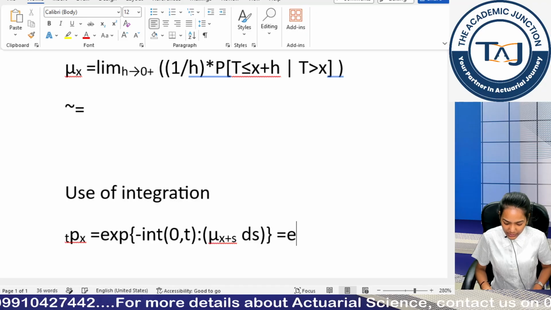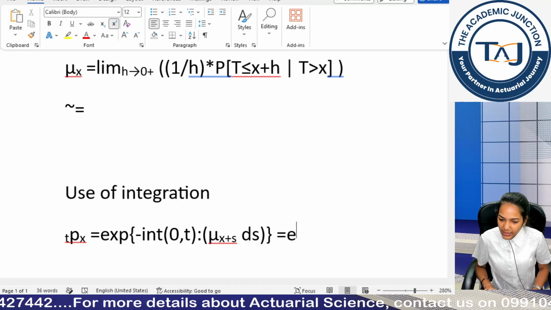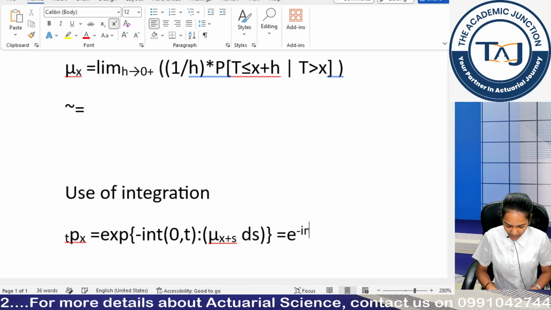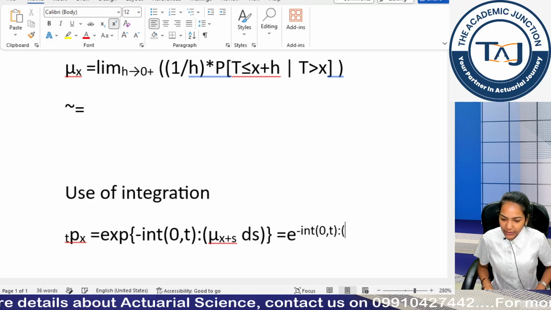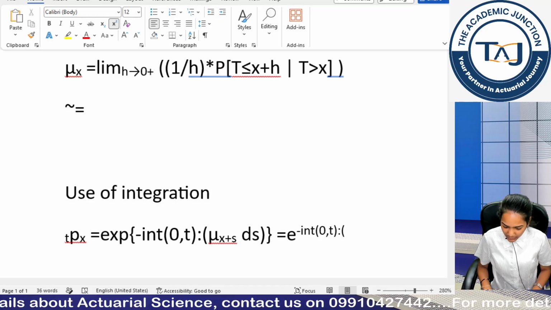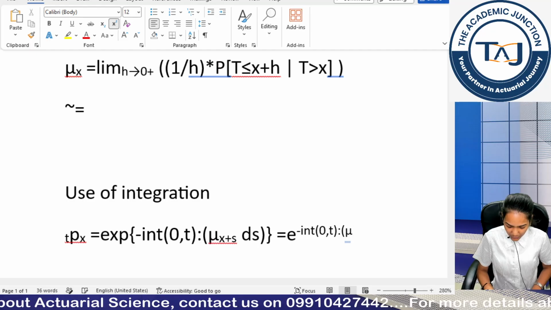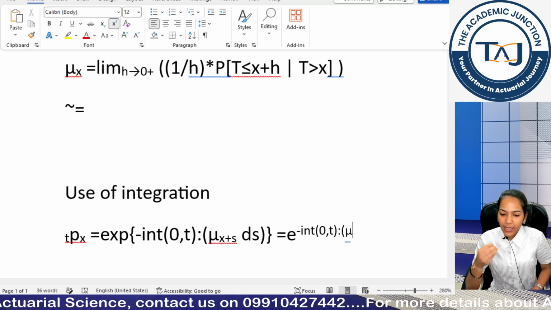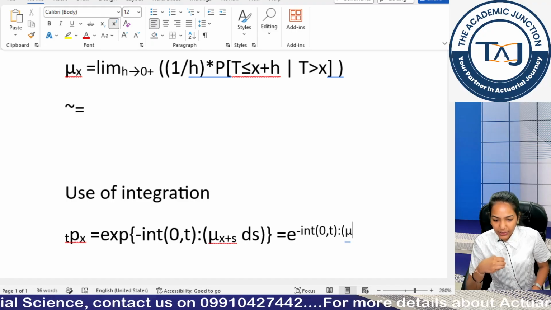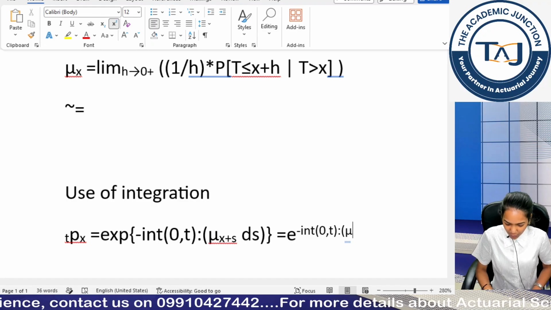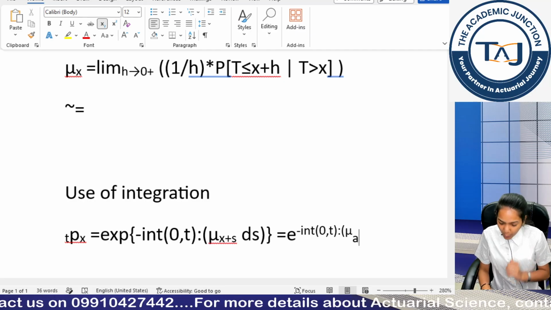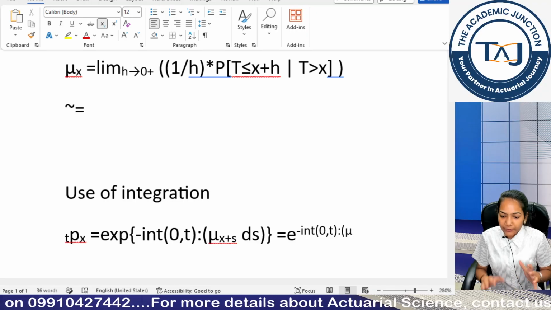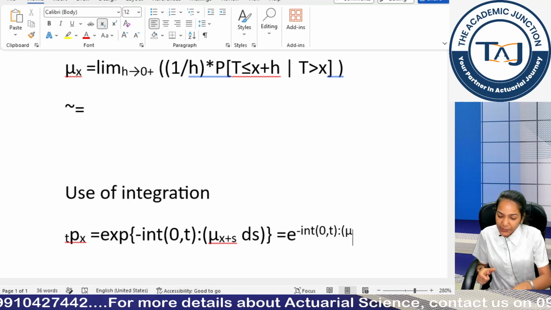Or, if you want to write everything in the subscript, so minus int 0 comma t colon and opening bracket, Control Z to come back to the normal thing, and we have mu. Then if I now come back to my subscript, that will come to the downward subscript. So it will not be a subscript for mu, it will be a subscript for e.